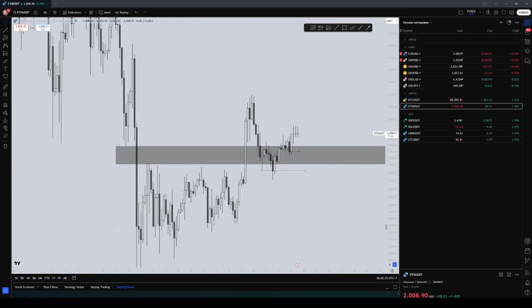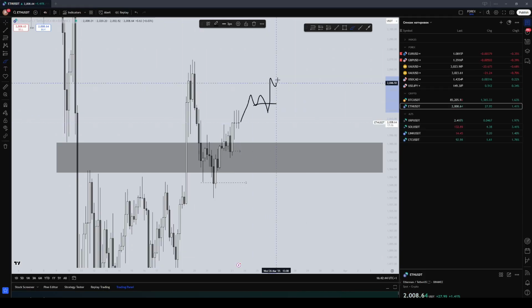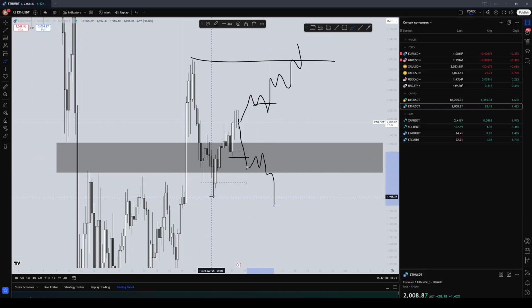From the lower time frame, I think scenarios are the same. If price will continue this local long trend, of course, I will look for a continuation to targets higher. It's clear. But if price will achieve my point of invalidation, yeah, this last swing low which achieved liquidity, and continue this local trend, probably price will also go for this one.